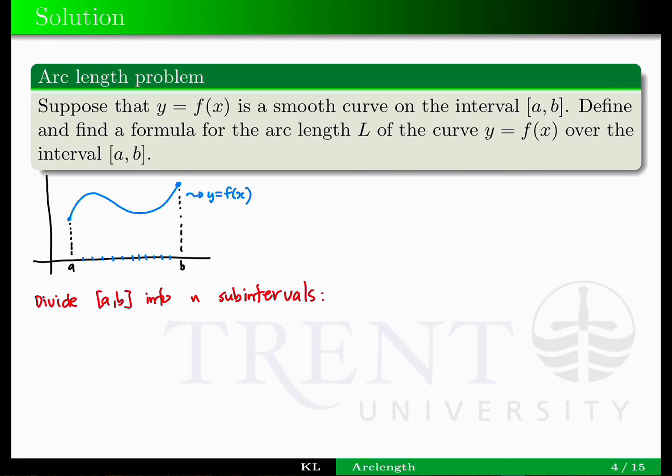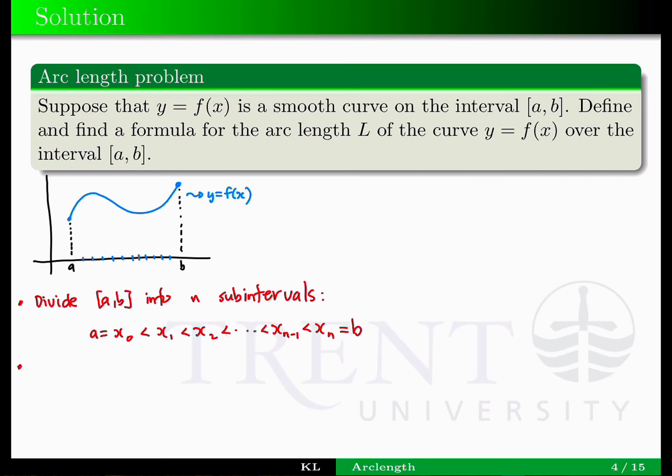And then we label the points to be x sub 0, which is your a, and x sub 0 is less than x sub 1, less than x sub 2, until x sub n minus 1, less than x sub n, and x sub n is equal to b.